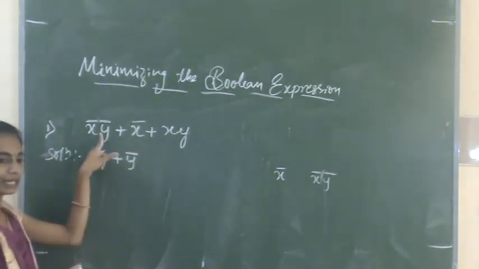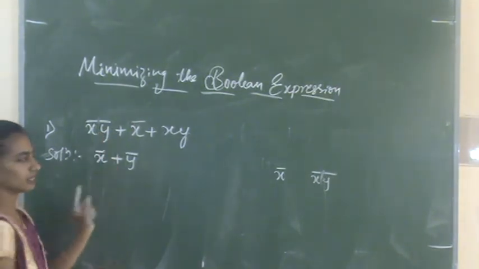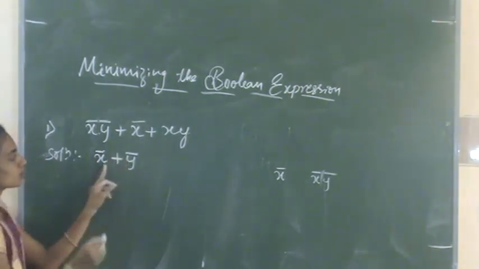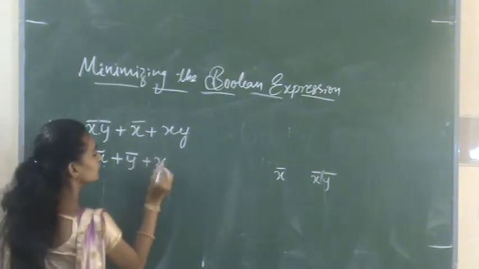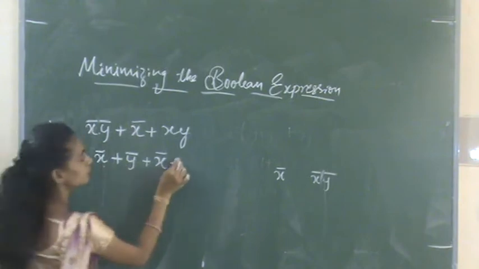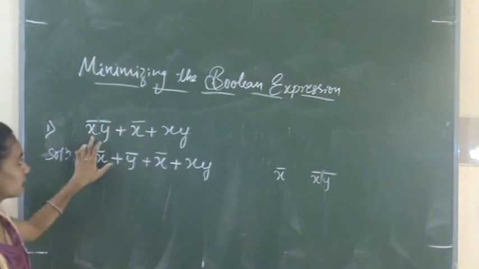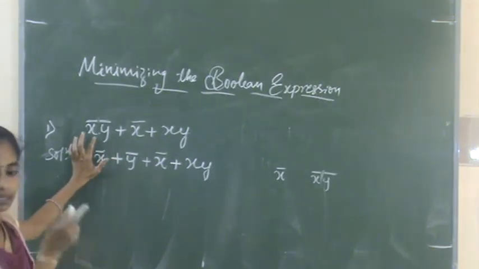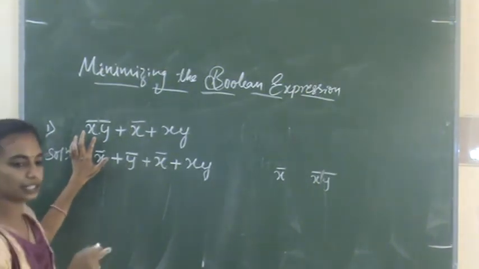So this multiplication, meaning the AND operator, changes to the OR operator, meaning this dot is changed to plus. Okay. So now this is completed. So the remaining is x bar plus xy, right?